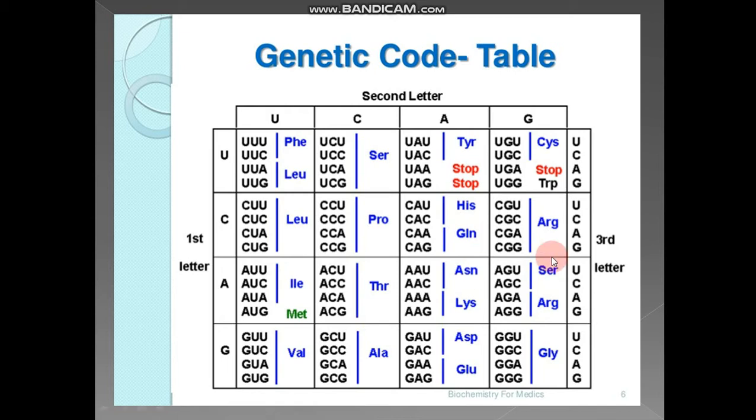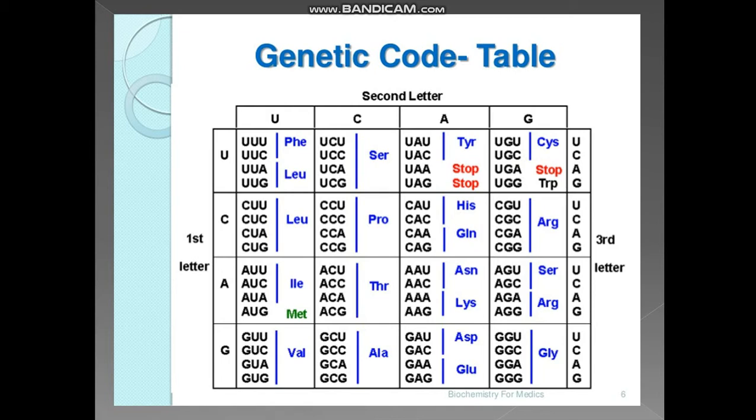Similarly, in this table, you can see stop, stop, stop. Three codons in front of which it is mentioned stop. First is UAA, second is UAG, and the third is UGA. These three codons do not code for any amino acid. You understand what will be the effect of this?